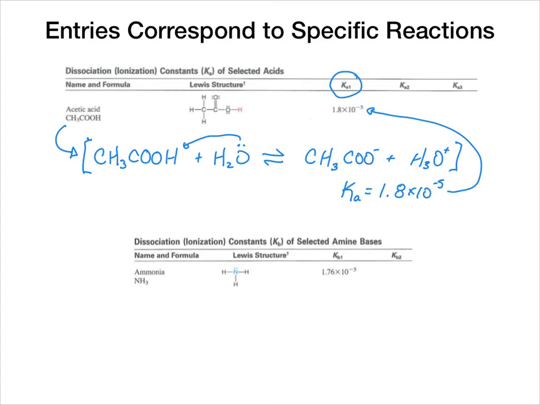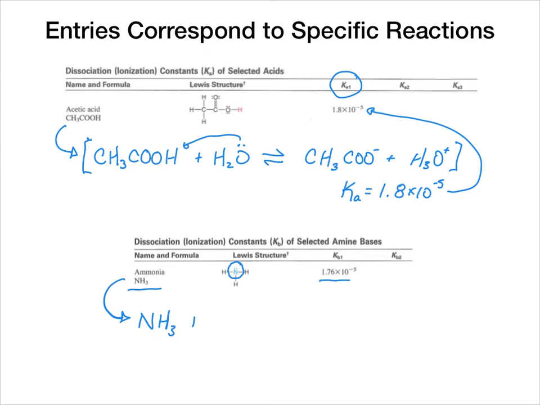Now likewise, there's a portion of the table devoted to bases. And so like the acids, it gives us the name of the base. It also indicates the portion of the species that is basic. In this case, it's this nitrogen. And it gives us a value for Kb. So again, this entry in the table corresponds to a very specific reaction.